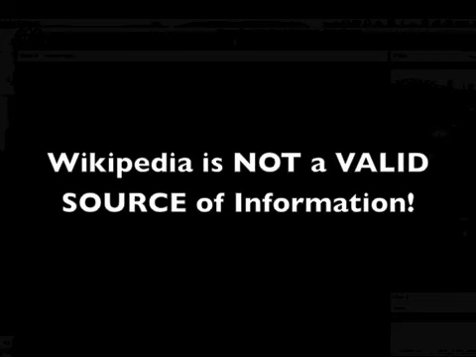Or don't cite Wikipedia either. Oh, my God, don't, don't, don't. Wikipedia is not a valid source of information. But if you're looking for something and it's a starting place, look at the sources for the article that they've cited and go to those original sites.